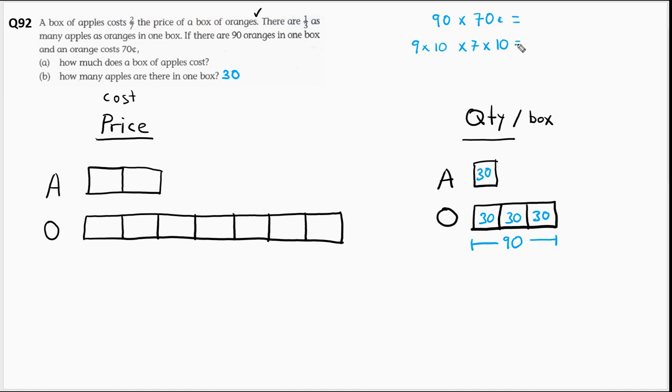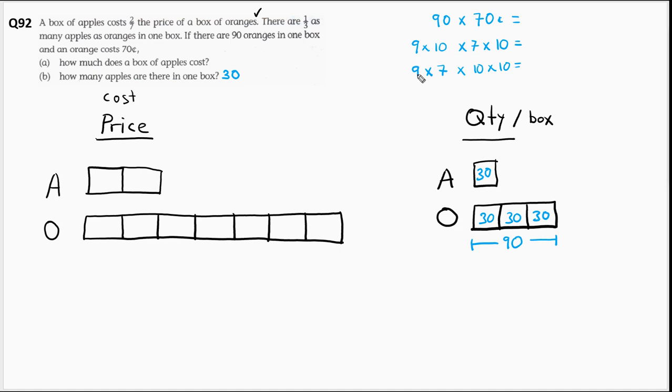It has exactly the same meaning. And with multiplication, we can move things around. So we would have 9 times 7, times 10 times 10.